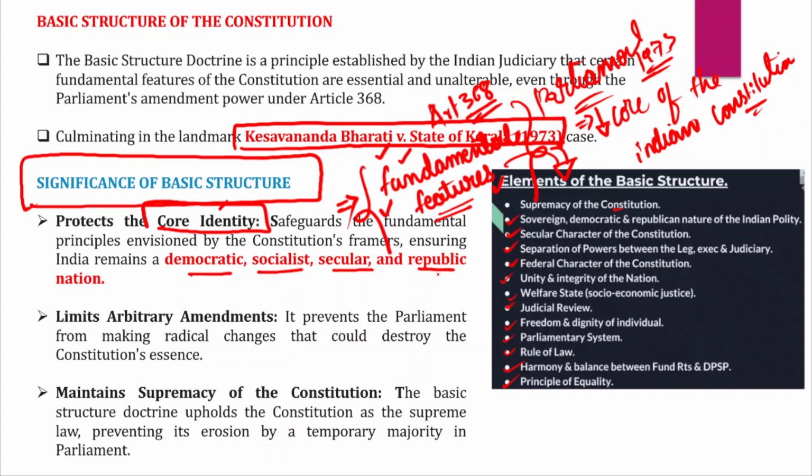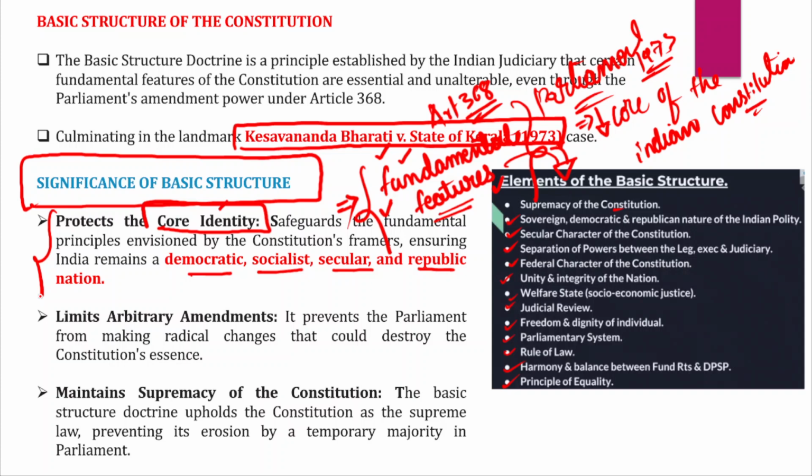Now in fact, the Indian judiciary, or the Indian Supreme Court, is considered one of the most powerful courts in the world, right? Because the Supreme Court generally acts as the guardian of the Indian Constitution, and it plays a very important role when it comes to the protection of the Indian Constitution, right?